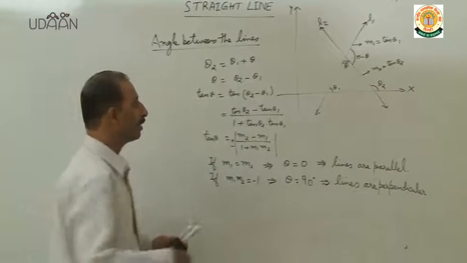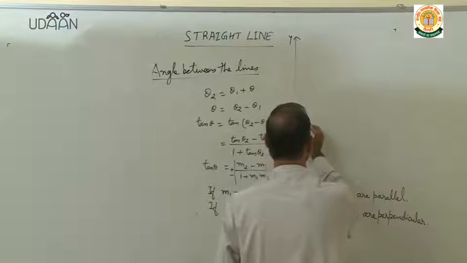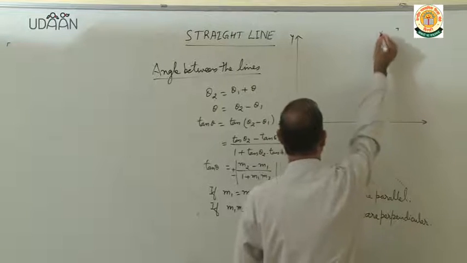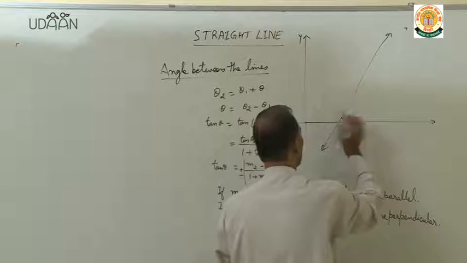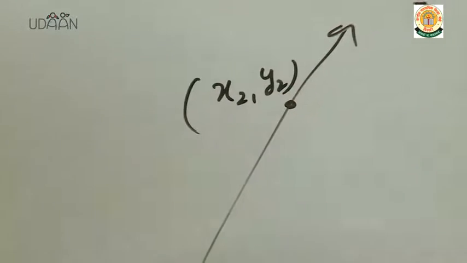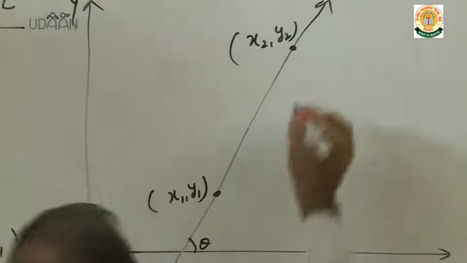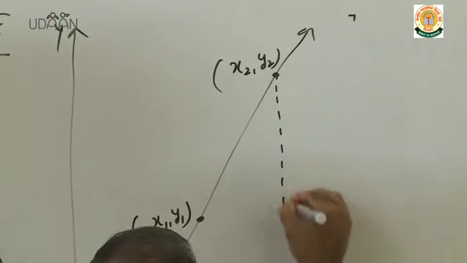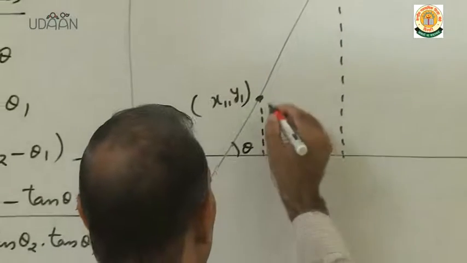Now you can see one more thing. A line whose slope is m makes the angle theta. Now I am taking 2 points on the line. One is x2, y2. Another is x1, y1. According to coordinate geometry, this length will be y2 and this length will be y1.